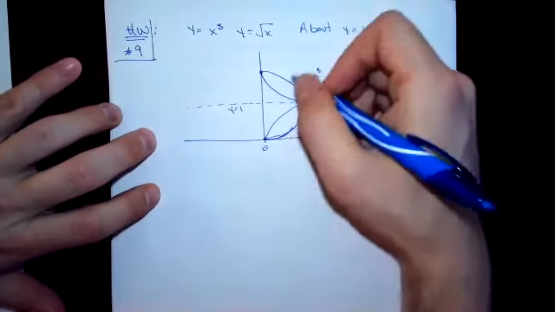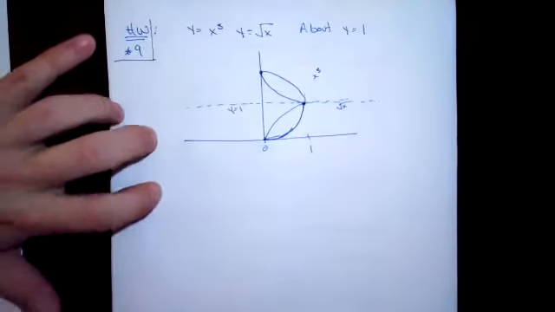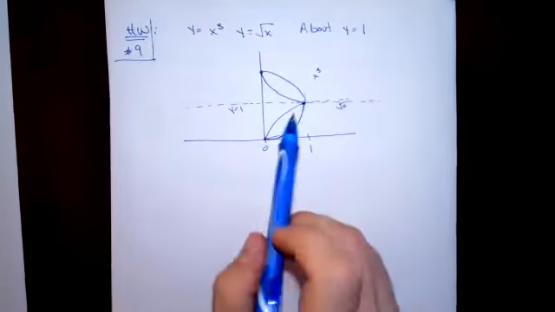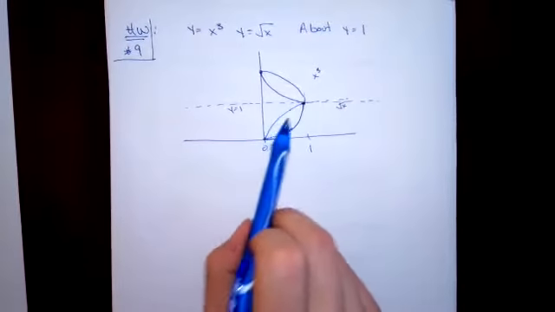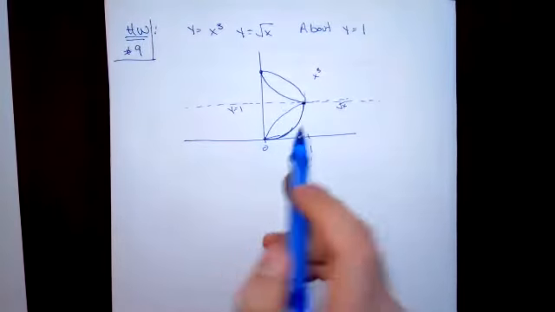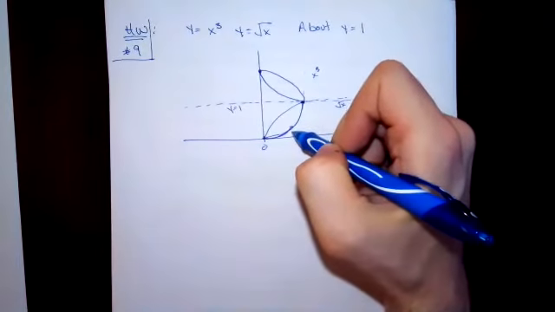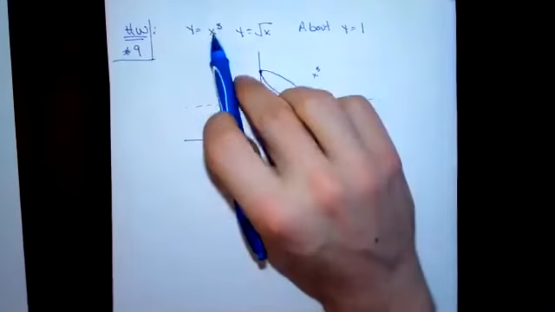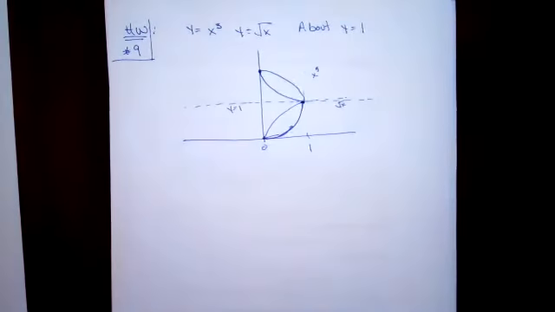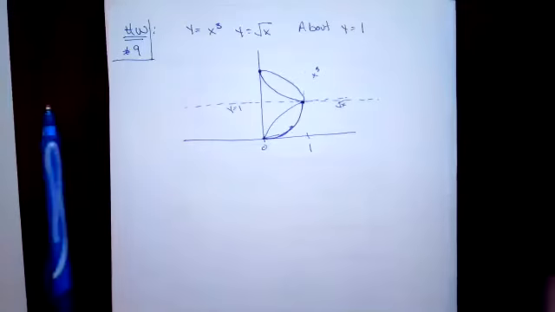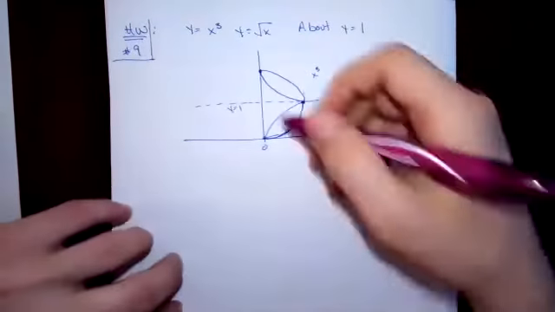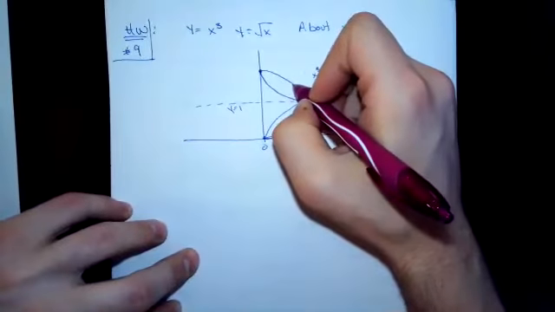So washers would work fine with this. You would have your dx's, and actually the washer method, if you're comfortable with it, may be a little bit quicker, just because the width of the washer is going to be a dx. And since I have everything solved in terms of x, you wouldn't have to do any work there. Let's check and try to see if we can set this up using a shell method, though.